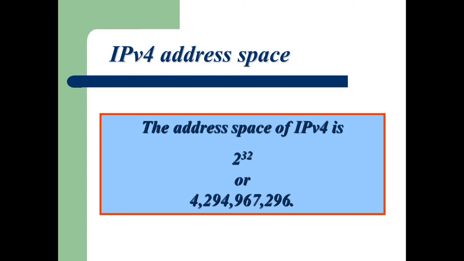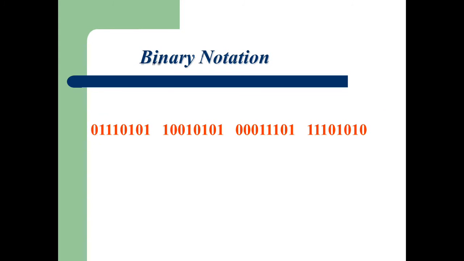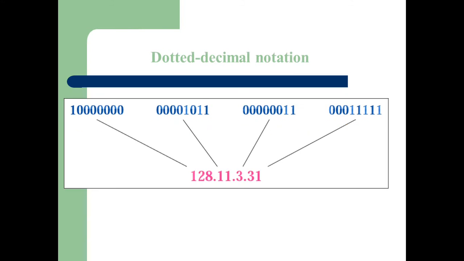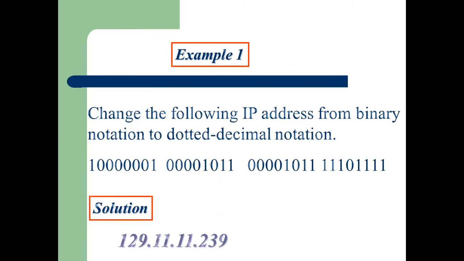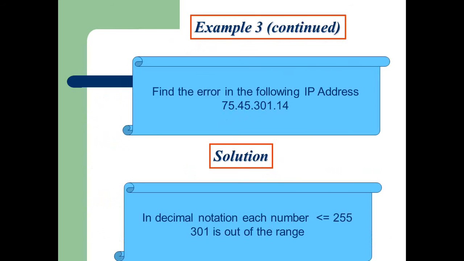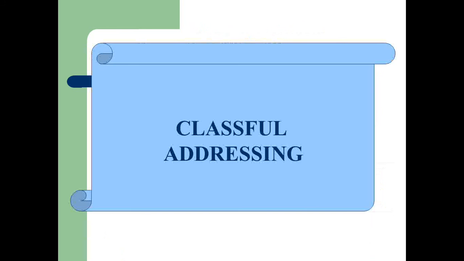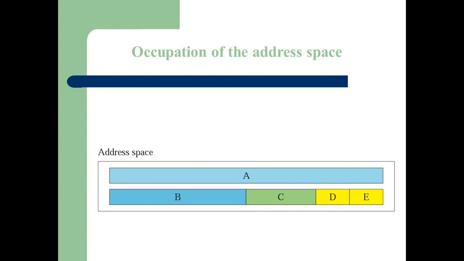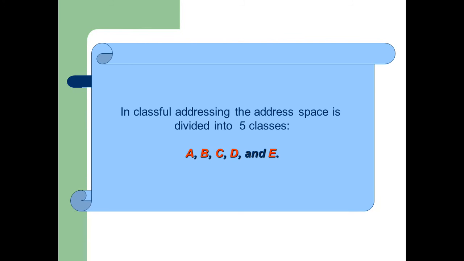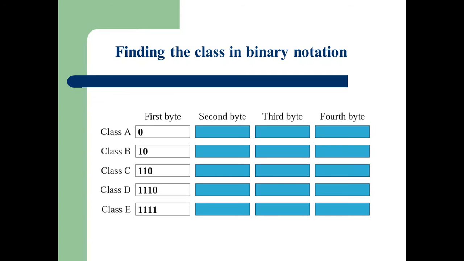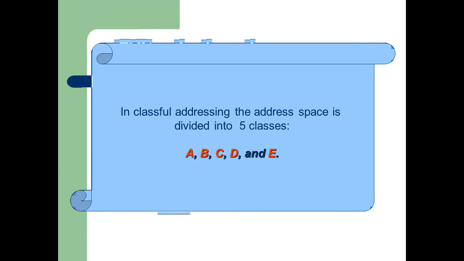But this entire address space is divided into 5 categories or 5 classes when we talk about classful IP addressing. When we talk about this, the entire classful addressing is divided into 5 different address spaces, A, B, C, D and E. These are called classful addressing.